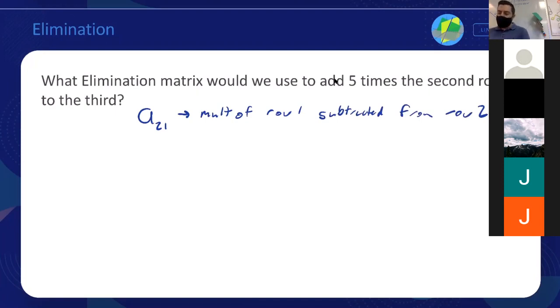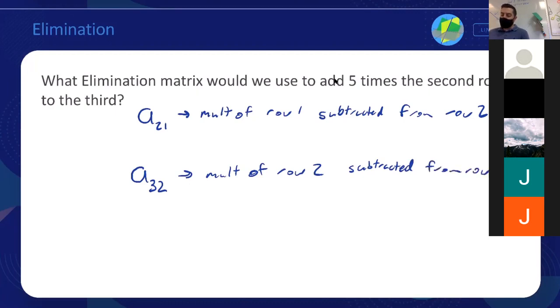That's what the A21 would do. So I'm trying to look at what element I would change to take a multiple of the second row and add it to the third. I would want to look at the element in the third row, second column. That'll take a multiple of row 2 and subtract, and I keep saying subtract, you could add too just by changing the sign, from row 3, which is what we're looking to do.